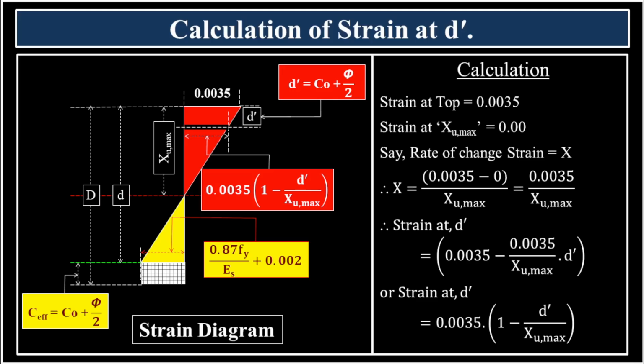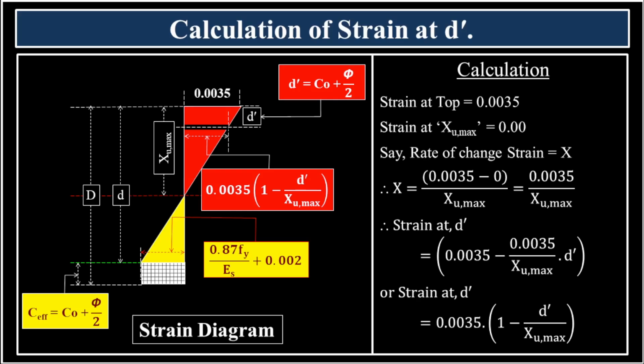Therefore, the strain at d is equal to 0.0035 minus x multiplied by d, which is 0.0035 minus 0.0035 divided by xu max multiplied by d.